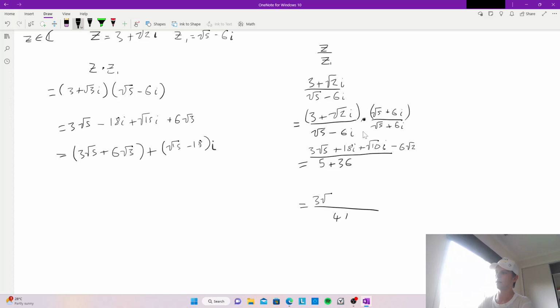And 3 root 5, so we'll plus the real parts, minus 6 root 2, and then plus 18 plus root 10 i. I'll make that bold again. And there you have it, which could also be equal to, yeah, you could obviously go the real parts over 41 and the imaginary parts over 41, which I guess we'll just do.